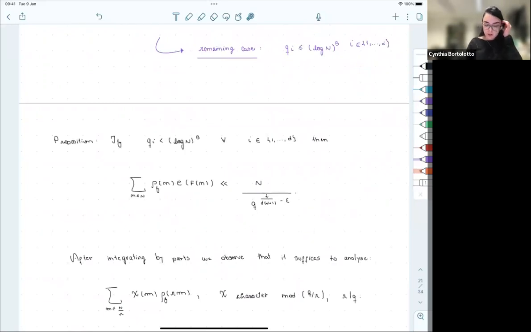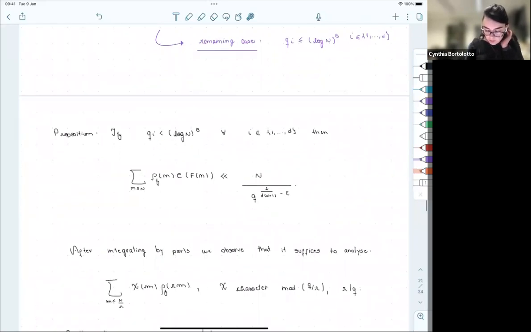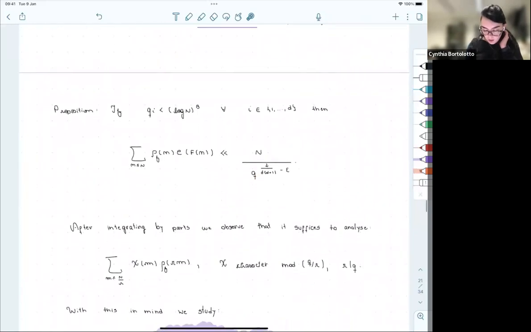The proposition is that when this happens for all i, so k_i is less than log N to the b for all i, then we still have some decay that is good enough, so N to some power divided by some power of q. Since we know that at least one of the coefficients is irrational, we can take q to infinity. So this is good enough to show the result.